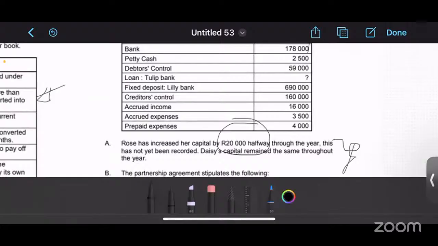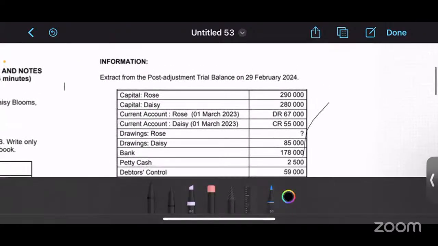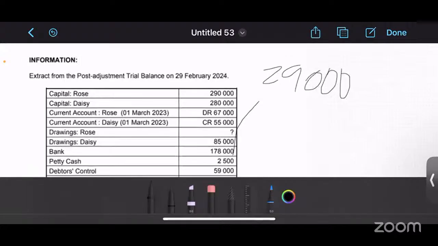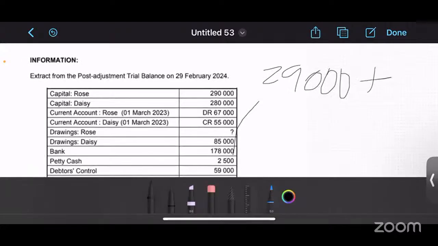So you're going to start with the 290,000 multiplied by 10%, and that amount, which is going to be 29,000, you're going to add to 10% of 20,000, multiplied by 6 out of 12, because it has been in the partnership for 6 months out of 12 months.